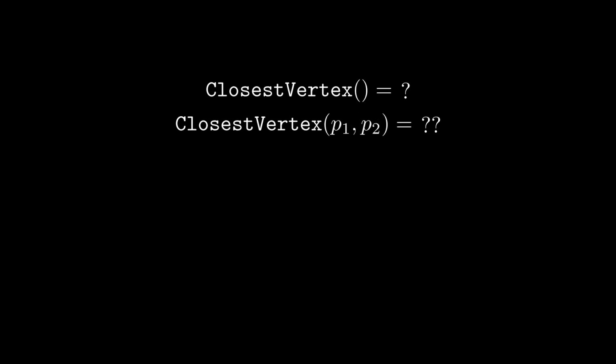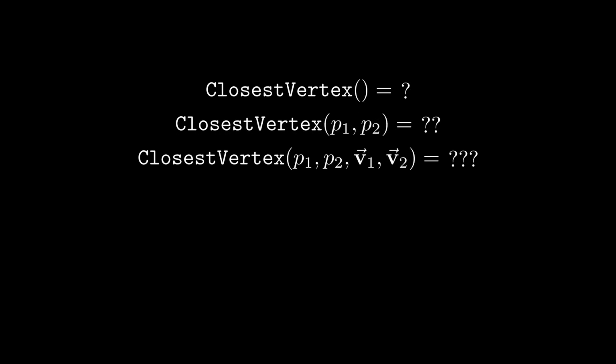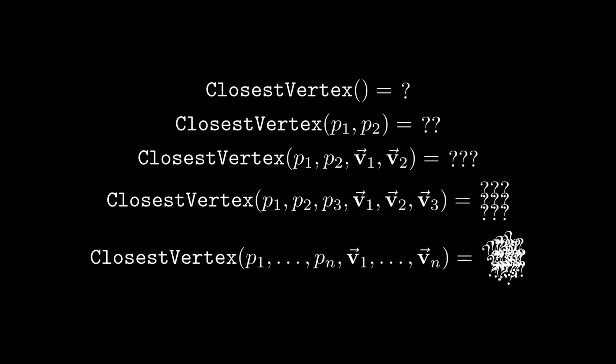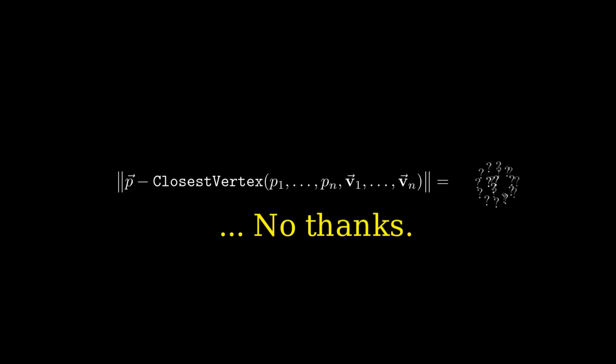This means a deterministic way to identify the closest vertex would have to depend on the coordinates of the point, as well as the specific choices of the basis vectors, which only get worse in higher dimensions. All of this in a non-trivial way that would result in an extremely complicated formula for the distance. This doesn't look like the right approach.